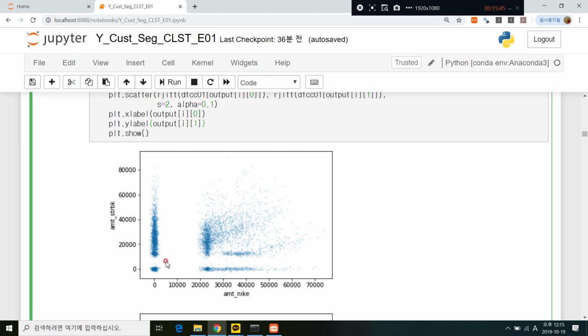Quite many guys are here, but they are not the majority. Some bought both Nike and Starbucks and spend very much in both categories, which is quite rare, as you see here.